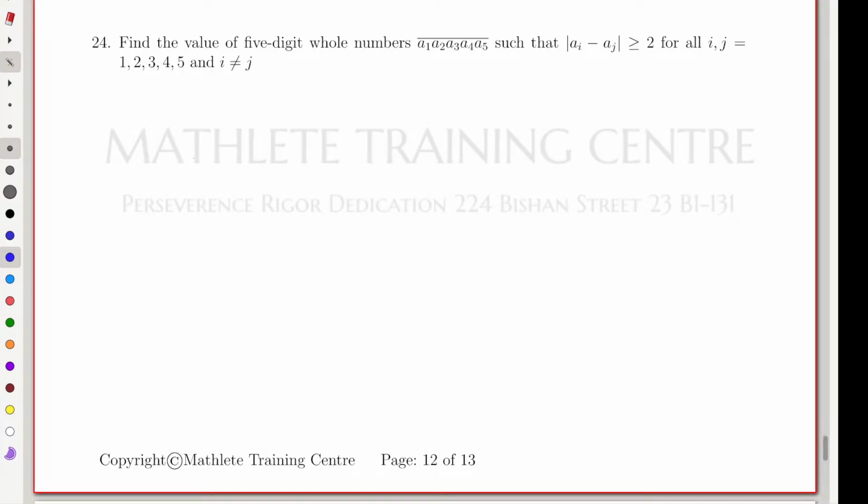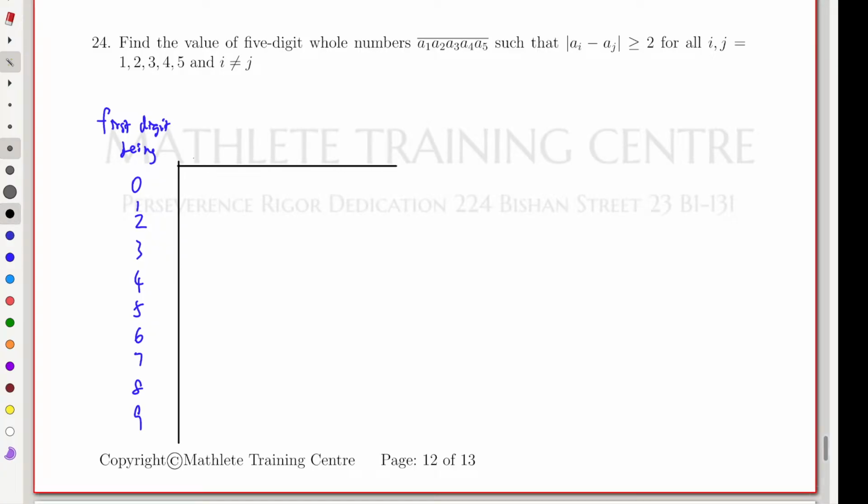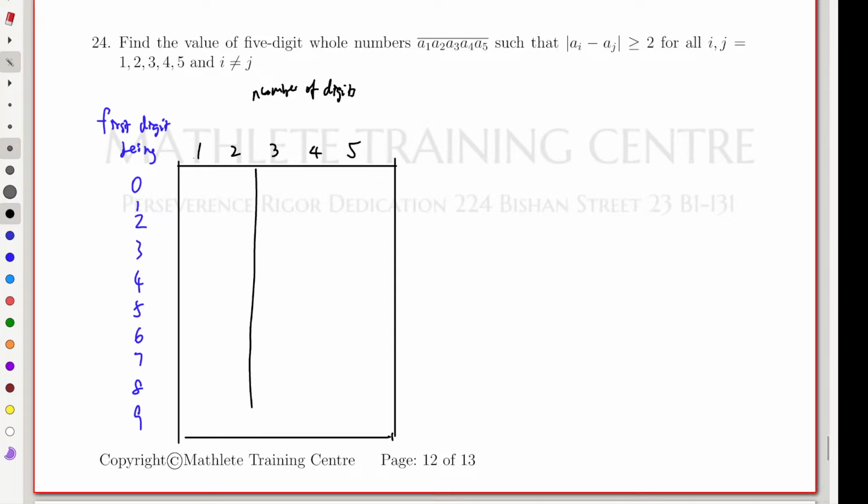We can ask, how many of these will satisfy the first digit being 0, 1, 2, 3, 4, 5, oh, no space, wait, 5, 6, 7, 8, 9, where there are the number of digits being 1, 2, 3, 4, and 5. Okay, you might be a bit confused at what I'm trying to do here, but just let me finish drawing here and then you will understand.